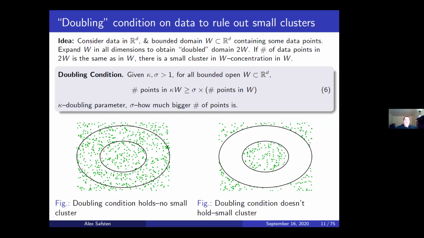Here we'll call kappa the doubling parameter. That's the amount that the domain grows when we, quote unquote, double it. And sigma is how much bigger the number of points is after we double it. We want the number of points in the big domain to be substantially bigger than the number of points in the small domain, so that we do not have a small cluster inside the small domain.